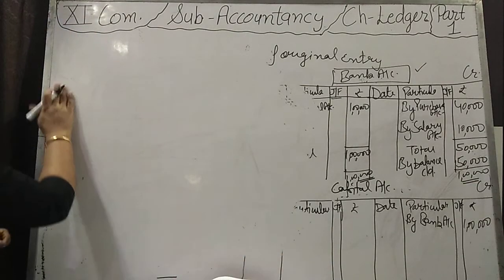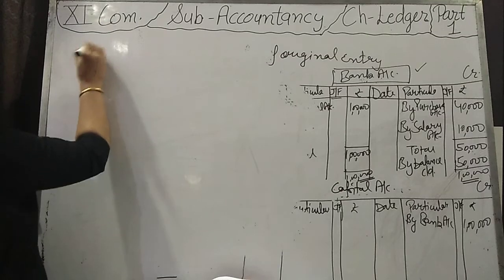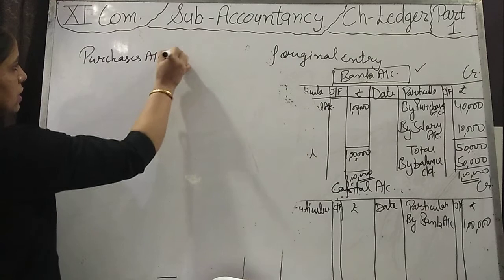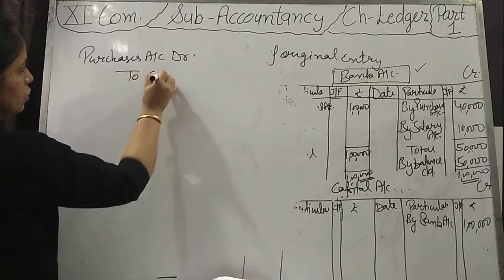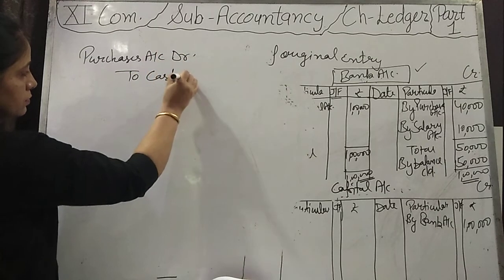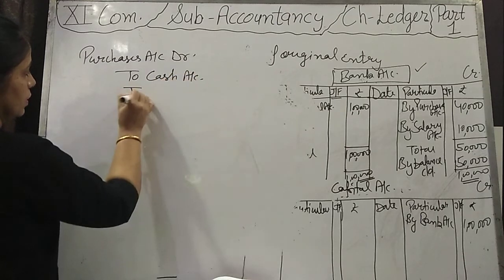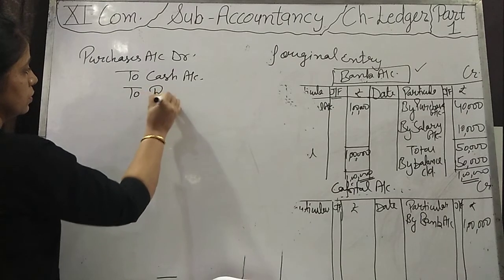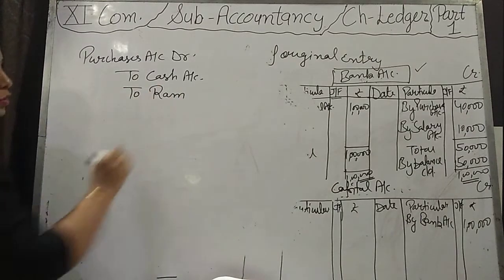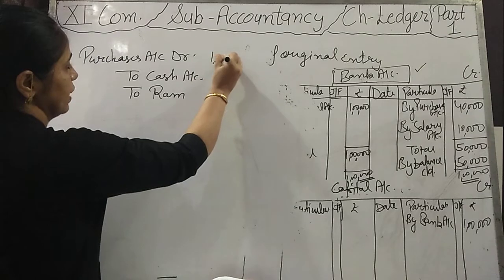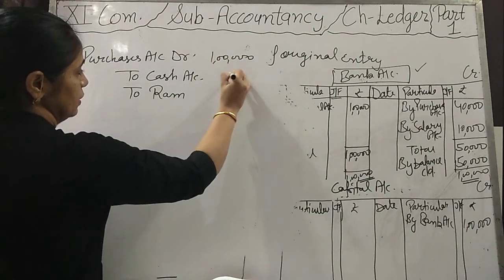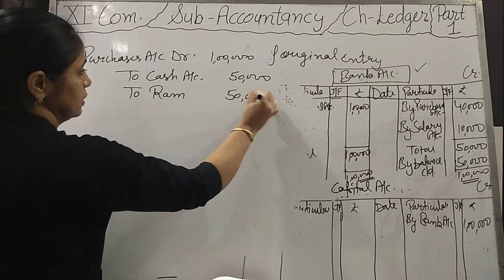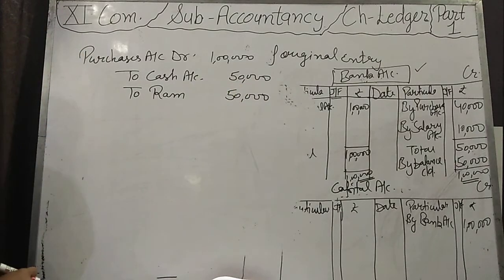Like we have purchases, goods purchases account debit to cash account and to RAM. Total we have purchased of rupees 1 lakh. 50,000 we have paid cash and 50,000 on credit.